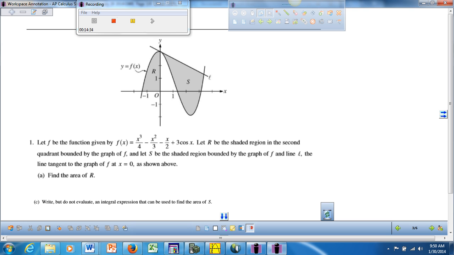When we think about this one, can you tell me what the top and bottom functions are? All right, so we're going to integrate. I'm going to draw my little rectangle. So, top function is what?